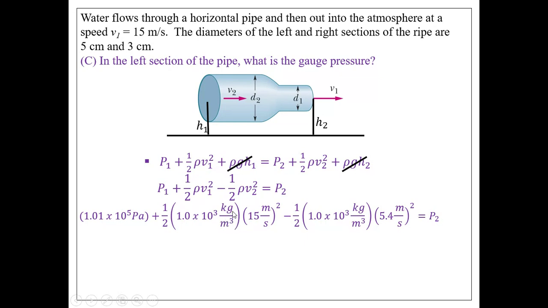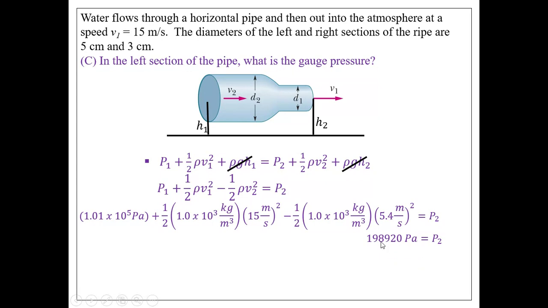It could be expressed as different units, but if you convert it, it will all be the same. Minus... V1 here is 15 because it's given, and don't forget to square it, minus 1/2 times the density of water again, and then V2 previously calculated, which is 5.4. Don't forget to square that. If you crank all this out on your calculator, you should get P2 as 198,920 Pascal.